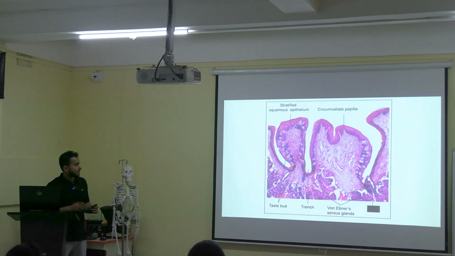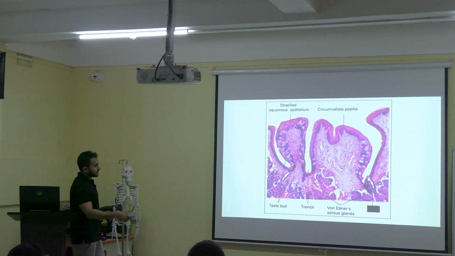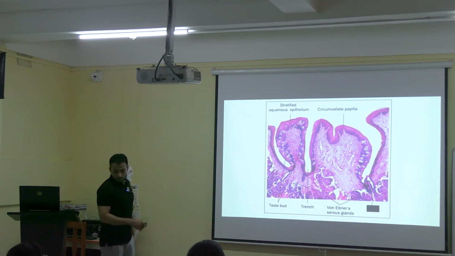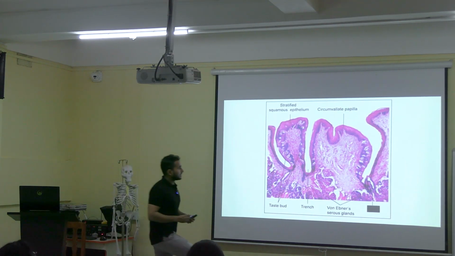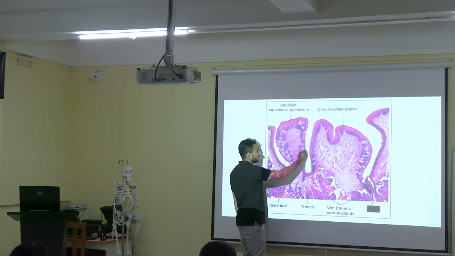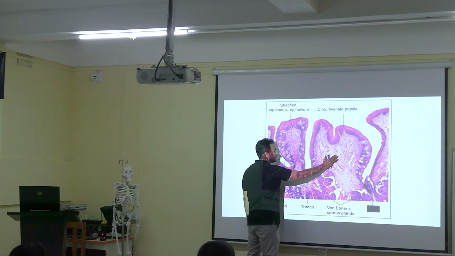Now here you can see the diagram. Okay. Now in this diagram, first of all, you can see these are the glands. Okay. So this is the circumvallate papilla. Now in the circumvallate papilla, first of all, this is the projection. Okay. Now this is the lining epithelium. Now this is the sulcus. So this is one papilla. This is one papilla.